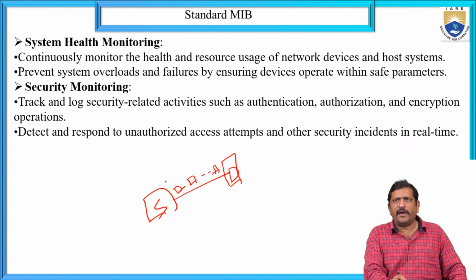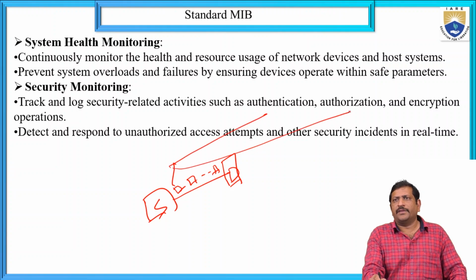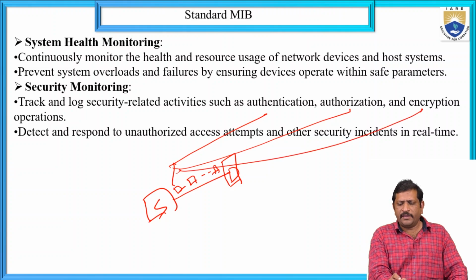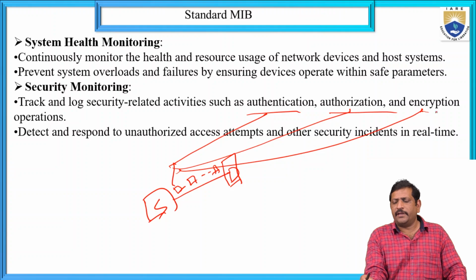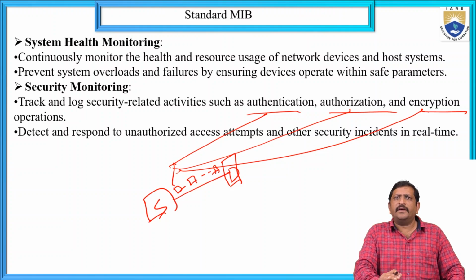On these data packets, we can provide the authentication service or authorization service, and encryption operations can be applied. So by applying authentication, authorization and encryption, we can transfer the data securely so that we can effectively monitor, detect and respond to unauthorized access.